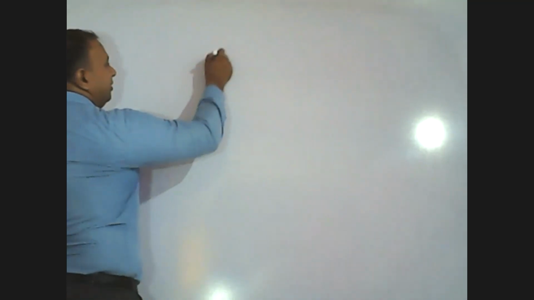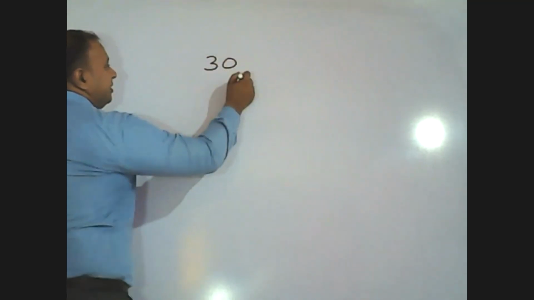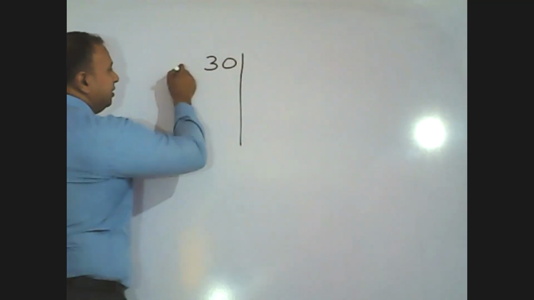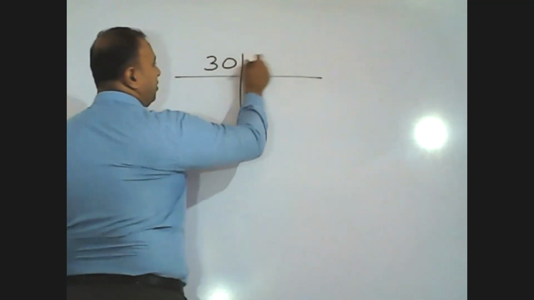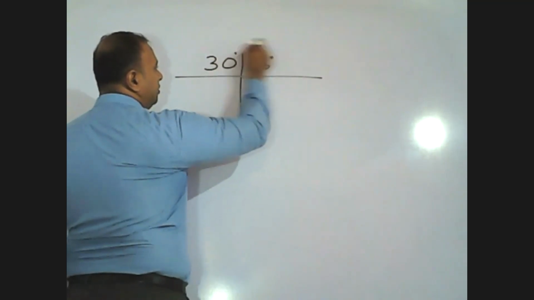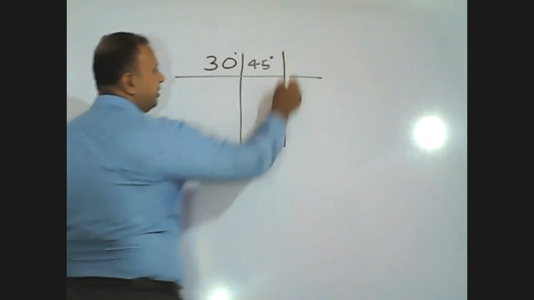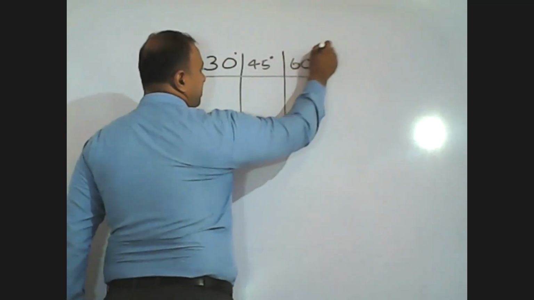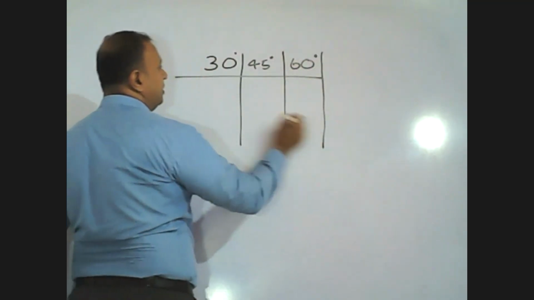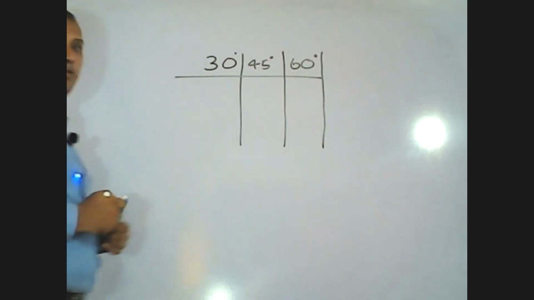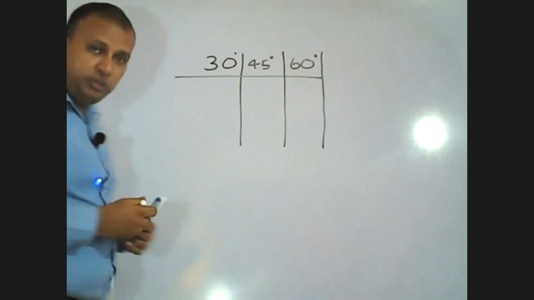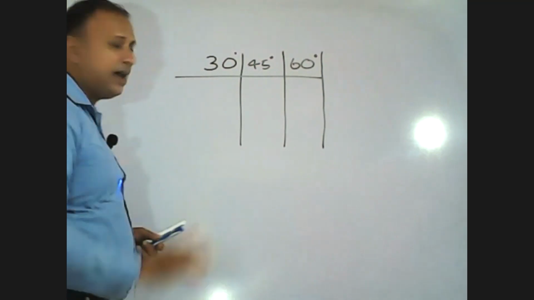What about trigonometric values of special angles: 30, then 45, then 60. You should know more than that, but up to this level, those angles are enough.